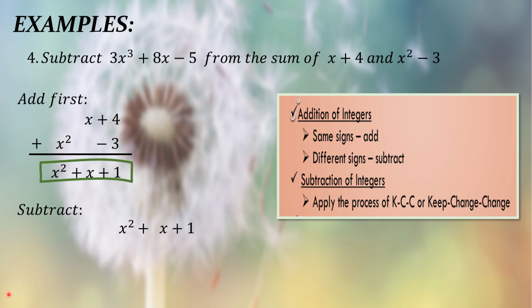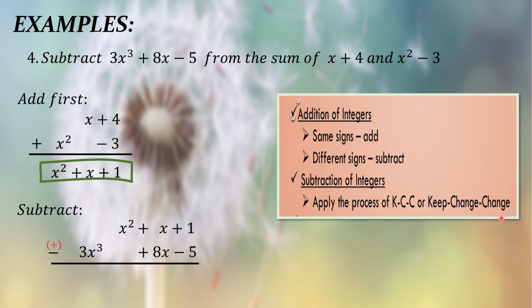So let us now subtract x squared plus x plus 1 and 3x cubed plus 8x minus 5. Sa ating given polynomial, walang nakalagay dito na x squared, so lagyan natin ng space dito sa tapat ng x squared. So let us now subtract. Again, kapag magsusubtract tayo, let us apply the process of KCC or keep, change, change. Ano yung i-keep natin? Iyon yung unang polynomial. Ang pangalawa is change, so papalitan ng minus ng plus.